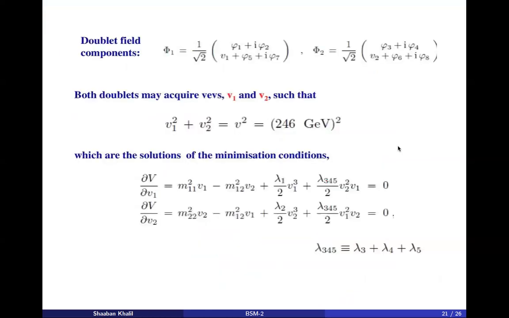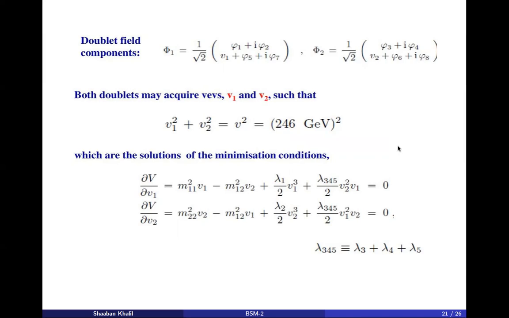So, as I told you in previous slides, phi1 gets V1, phi2 gets V2. If you consider the kinetic term, the covariant derivatives D mu phi1 and D mu phi2, you will find that the W boson acquires mass from both VEVs. In fact, the W boson will have a gauge coupling g squared times V1 squared plus V2 squared.